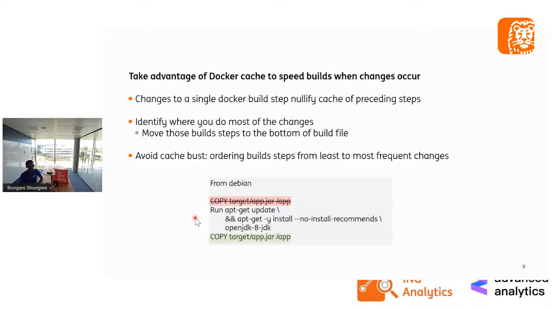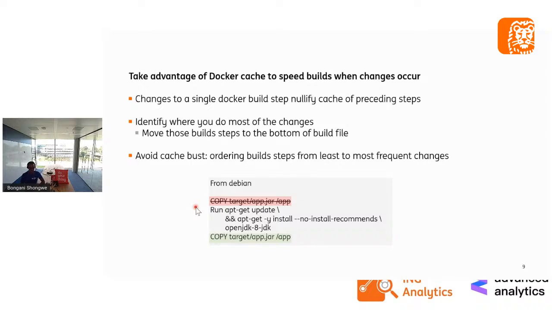The next thing, take advantage of your Docker cache in order to speed up your Docker build. When you want to do this, you need to realize that order is important when it comes to your Docker builds. If you make a change to a code line, or to a Docker step, all the following steps in your Docker build will need to be rebuilt, and that's going to cause a Docker cache bust.